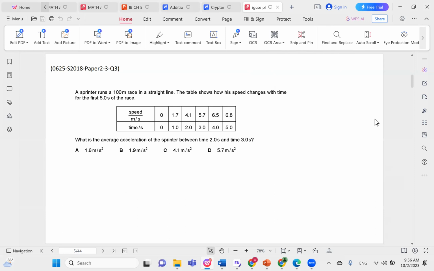You should know this equation: final velocity V equals U plus AT, where U is the initial velocity and V is the final velocity. Some people prefer it in this format: A equals V minus U over T. Again, U is the initial velocity, V is the final velocity.